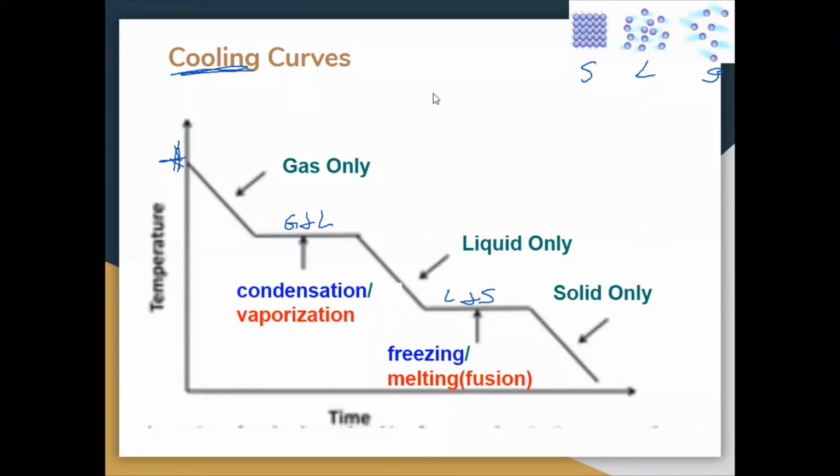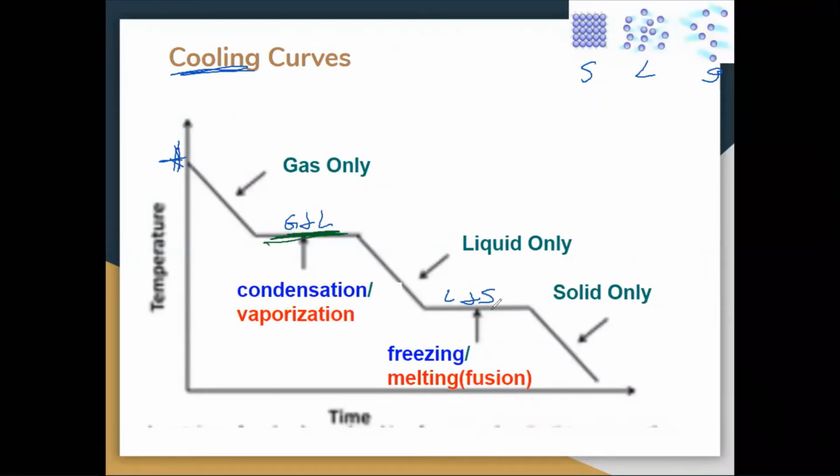So even still, we still have our processes happening at our flat lines. Even if it's a heating or cooling curve, the processes still happen at the flat lines. It's just up to you to make note of the fact that they happen in different places.